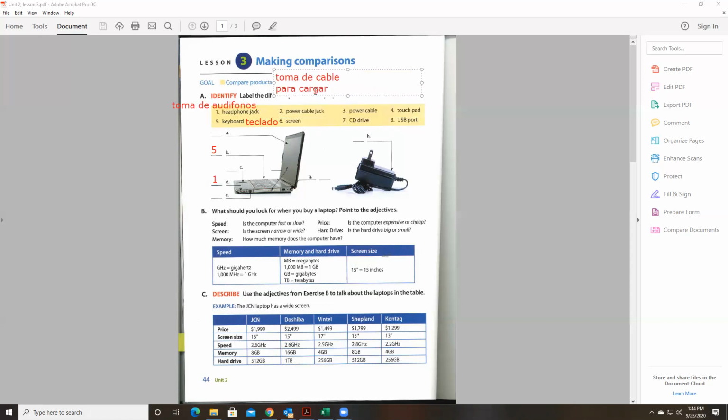I'm going to put it up here, and then I will just draw an arrow. Toma de cable para cargar. Power cable jack. That's interesting. And I have that as G right here.